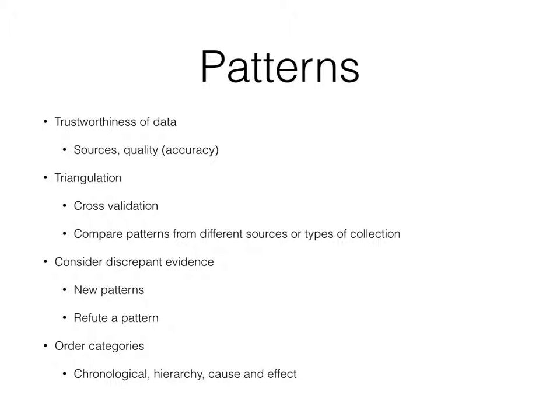It's also important in qualitative data to acknowledge the discrepant evidence. In an ethnography, if there is a person in that cultural group or situation who sees things very differently.